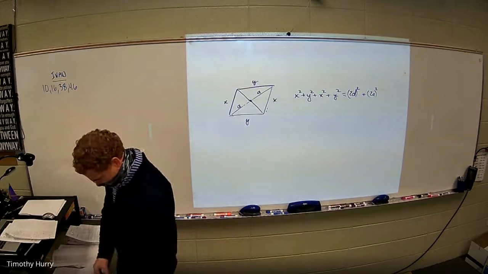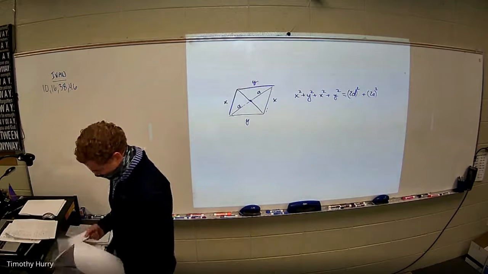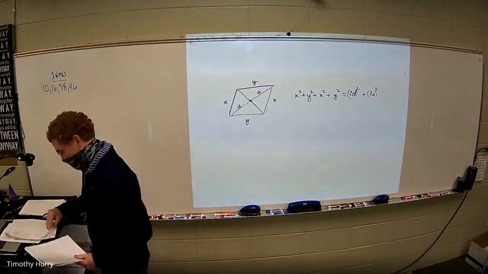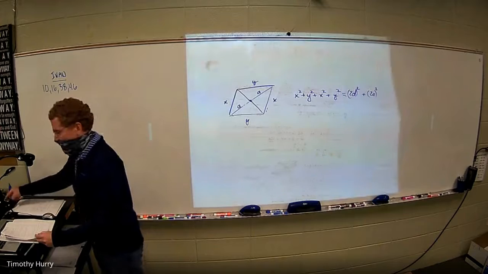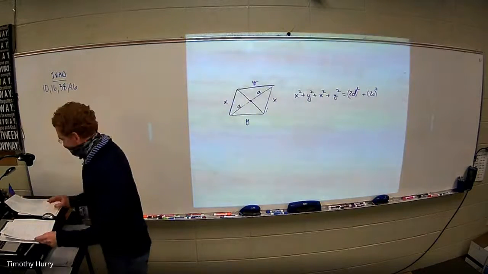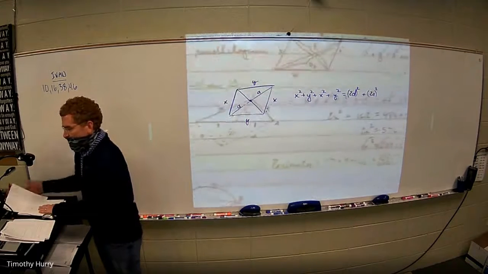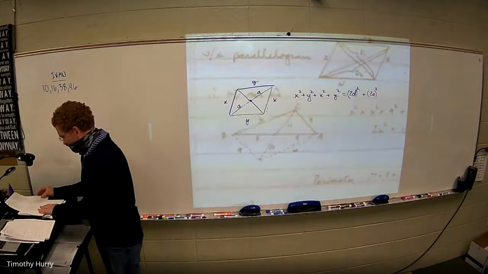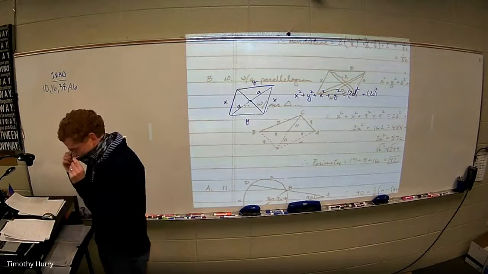So I'm looking at number 10. It says on triangle ABC. Oh, great, so we're actually going to use this. It gave you triangle ABC, and it said AB was 16.